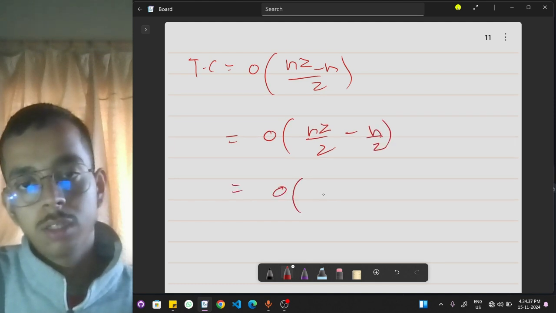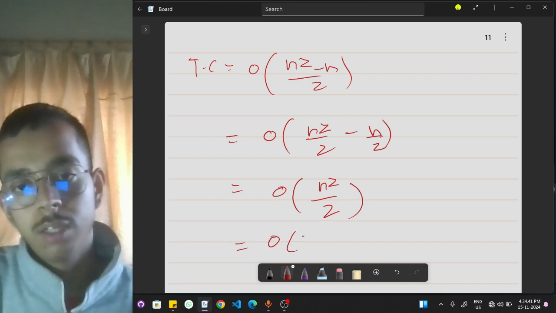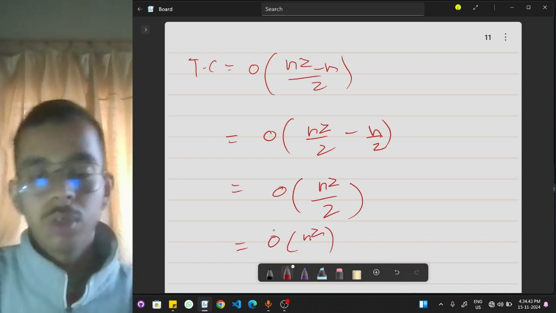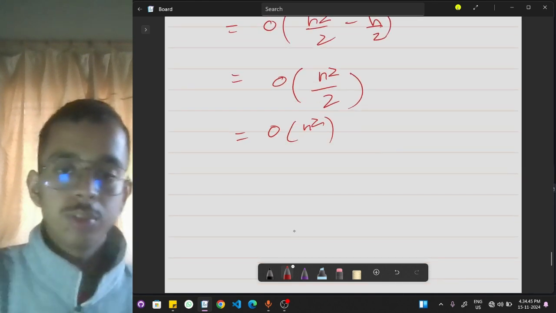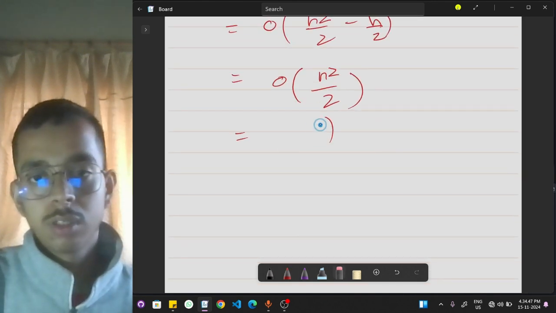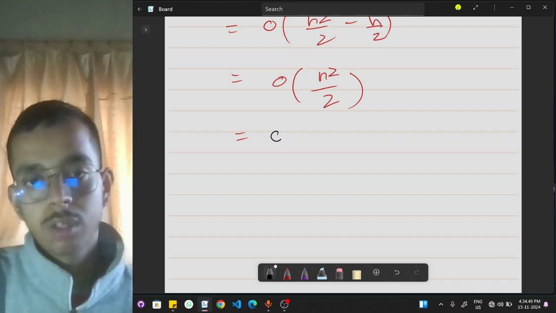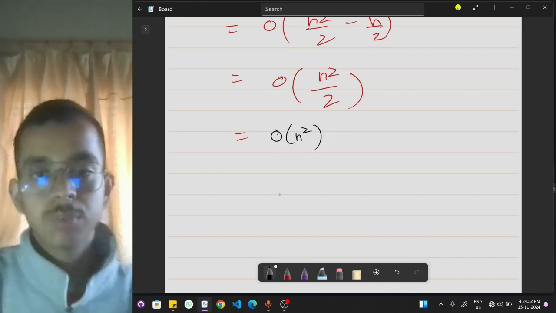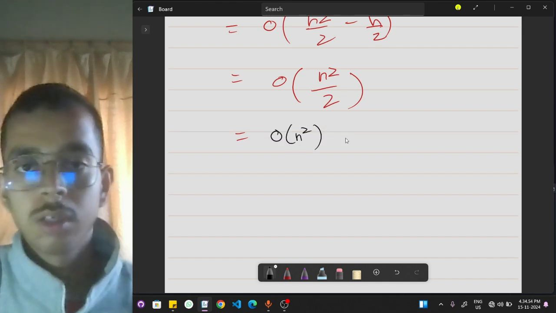Now removing the less significant values, it will lead me to O of n square. This is what I am left with.